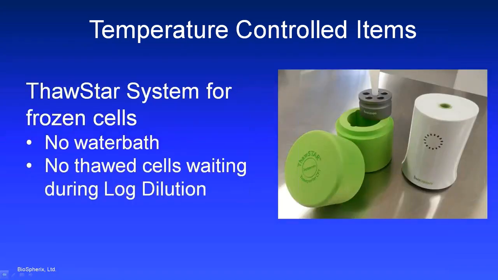Now, if you want to thaw cells inside the Xvivo system, and we encourage you to do so, one particularly good technology to use for this is the ThawStar system. This is a system that has an electronic thawing device.